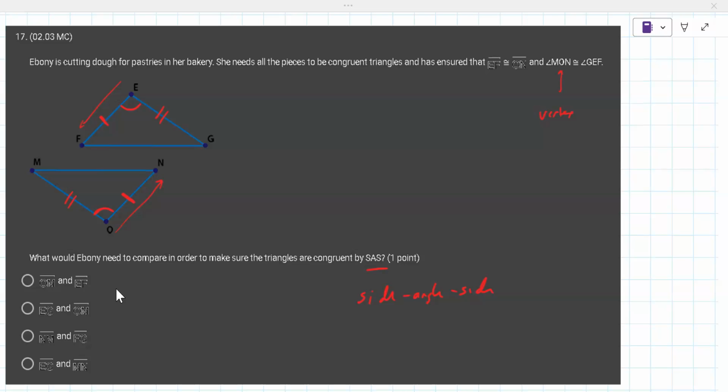I don't see an MO to EG, but I see an OM to EF. Isn't that EG there? Oh yeah, that's a G. EG to OM. Oh, okay. I was reading OM to EG, so I didn't see that one.